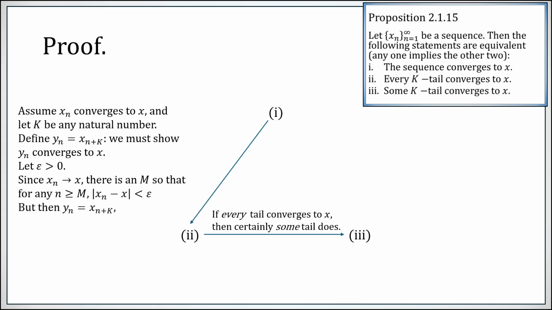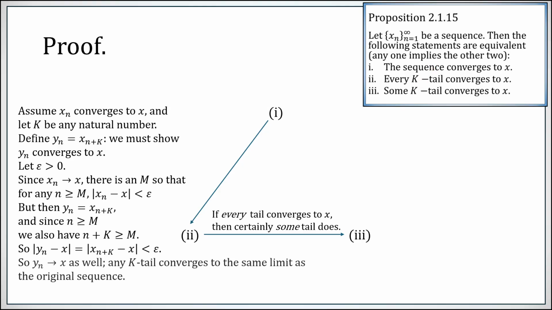But what's yn? It's just x's with larger indices. So those are also close to x. Because the sequence was presumed to converge to x, every term past a certain point satisfies this inequality. Yn simply makes the indices bigger, so they will also obey the same inequality. So if the sequence overall converges to x, so does every k-tail.